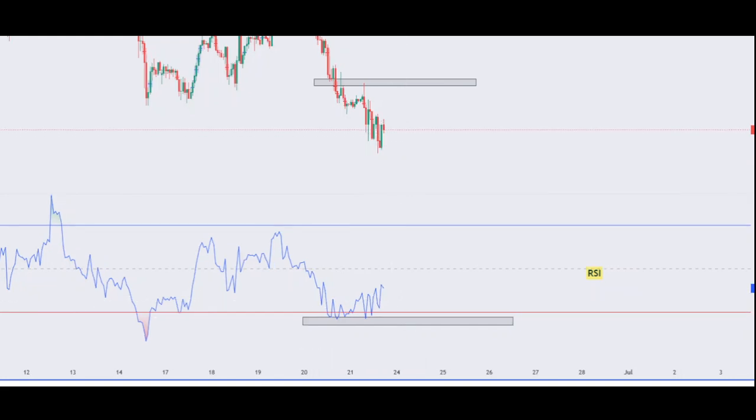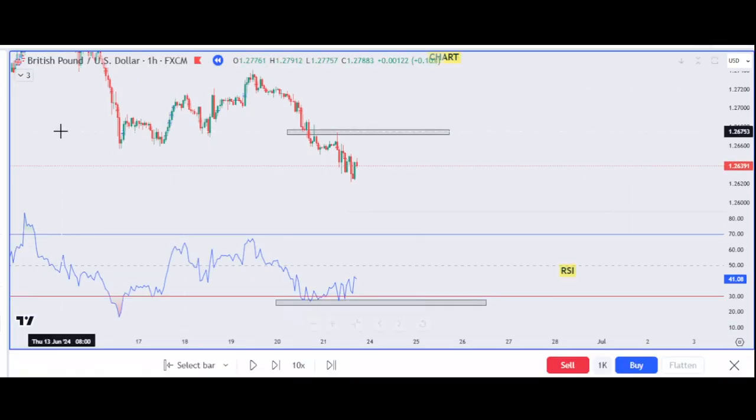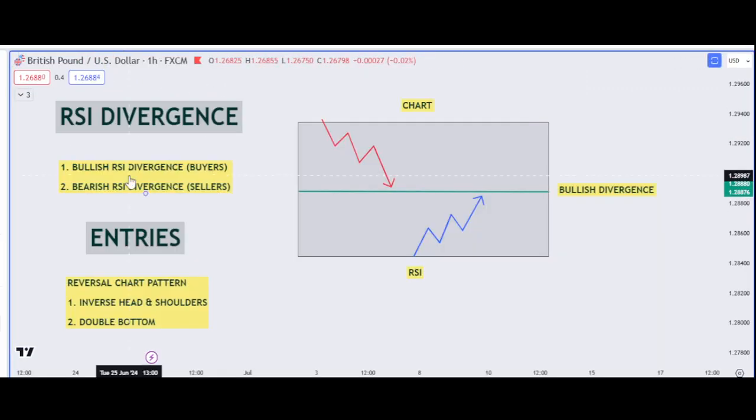So right now we need to start looking at our reversal candlestick pattern, the one I explained there. Our entries will be either inverse head and shoulder or double bottom.